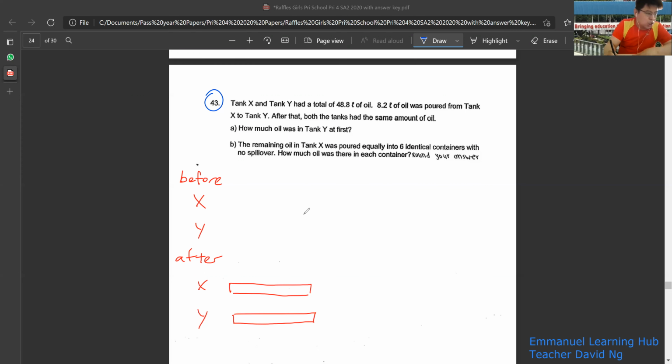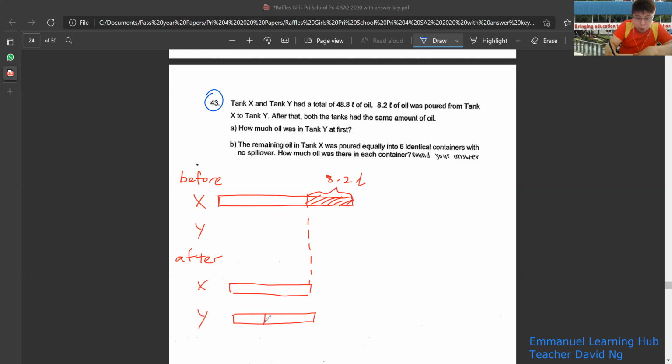So 8.2 was poured from tank X to Y. This is my 8.2. Do you agree? What is poured to Y, right?